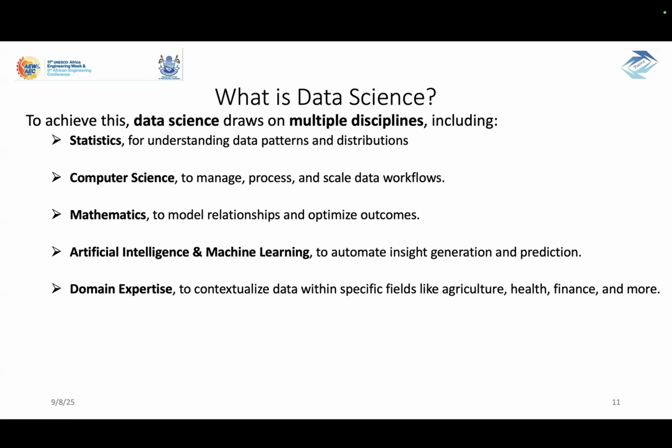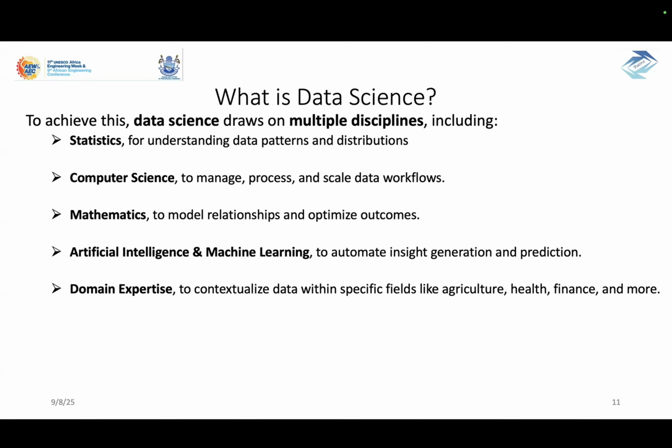So to achieve its goals, data science has to draw from multiple disciplines, including statistics. Statistics helps you understand the data pattern and distribution. Computer science is to manage, process, and scale the data workflows. Mathematics is to model relationships and optimize outcomes.